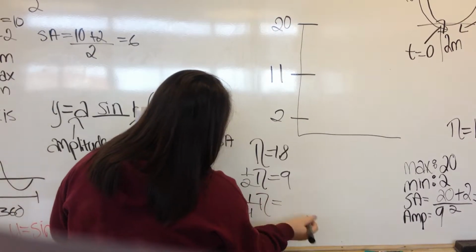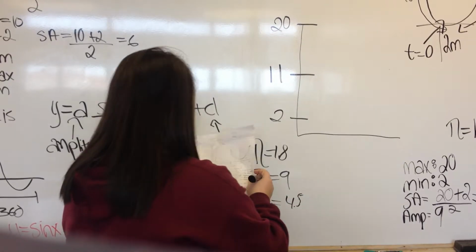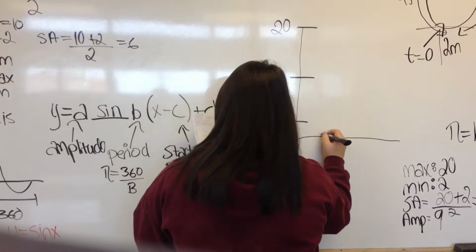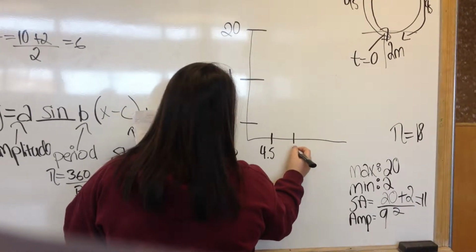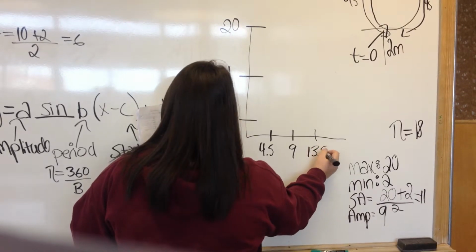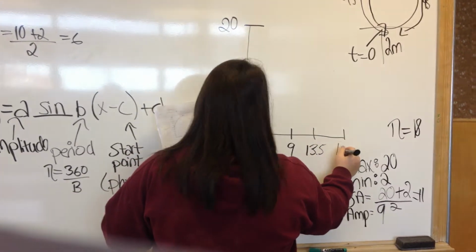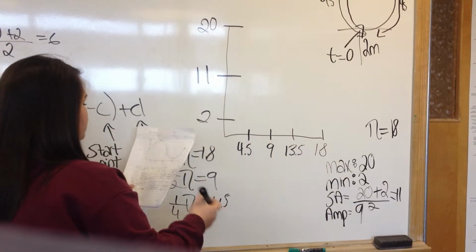And a quarter of lambda is going to be half of 9, which is 4.5. So we're just going to put this on the graph. So 4.5, and another 4.5 is 9. And another 4.5 is 13.5. And another one is 18. Because it takes 18 seconds to go around the Ferris wheel.